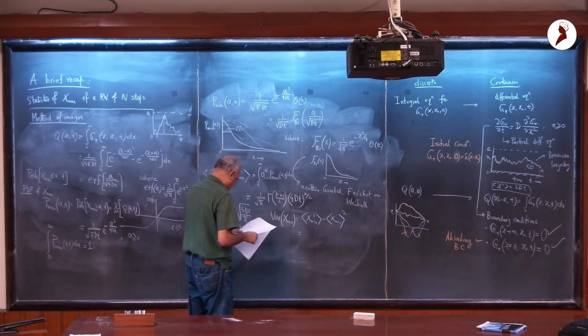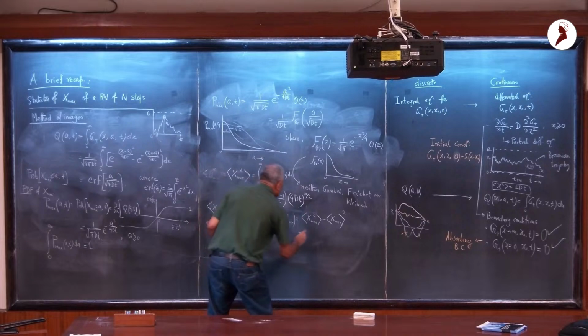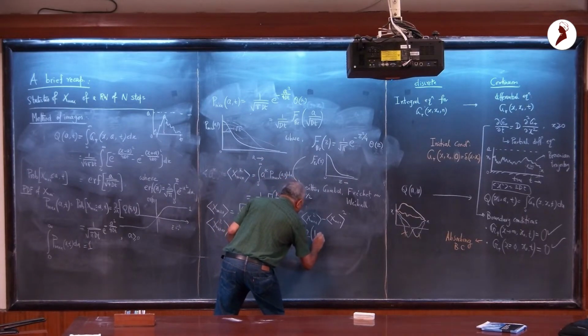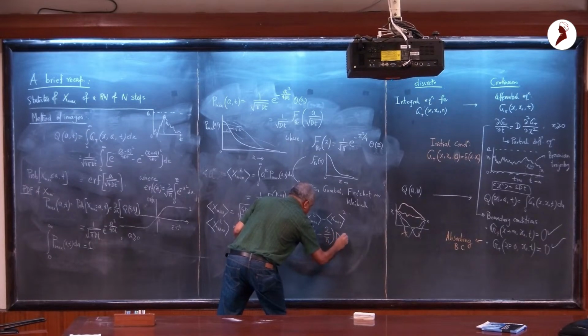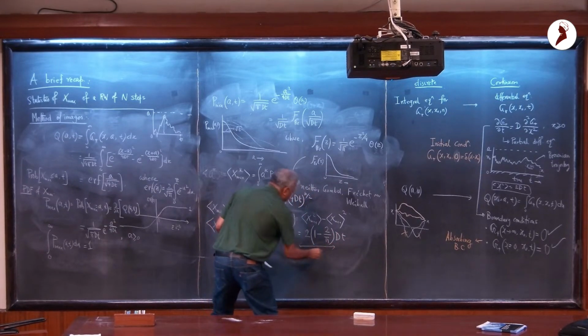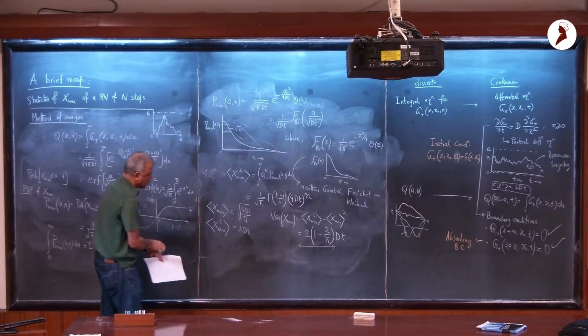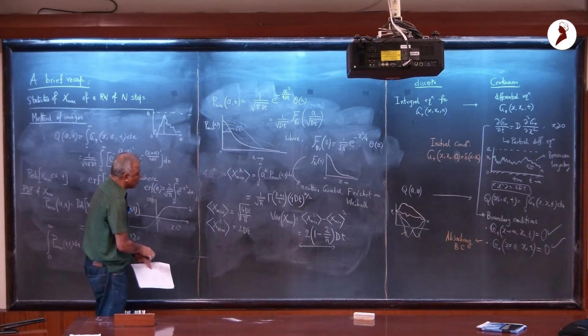So this actually goes like 2 times (1 minus 2 over pi) Dt. So the prefactor here is quite non-trivial. It's not completely trivial, 2 into 1 minus 2 over pi. You couldn't have guessed this without doing the calculation.